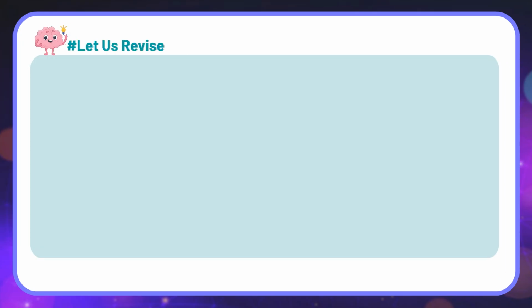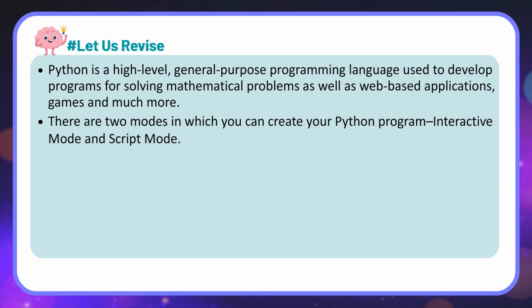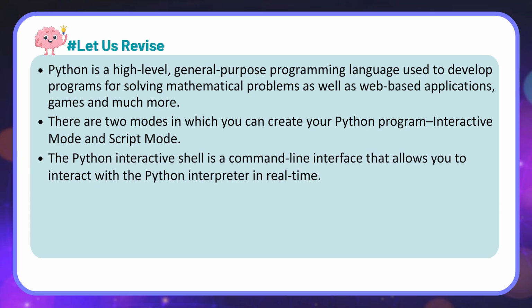Let us revise. Python is a high-level, general-purpose programming language used to develop programs for solving mathematical problems as well as web-based applications, games and much more. There are two modes in which you can create your Python program: interactive mode and script mode. The Python interactive shell is a command line interface that allows you to interact with the Python interpreter in real time.